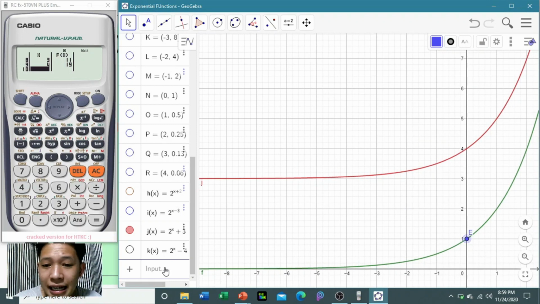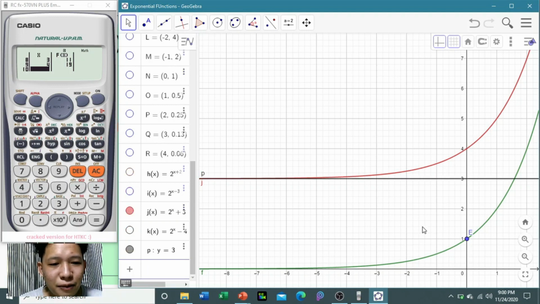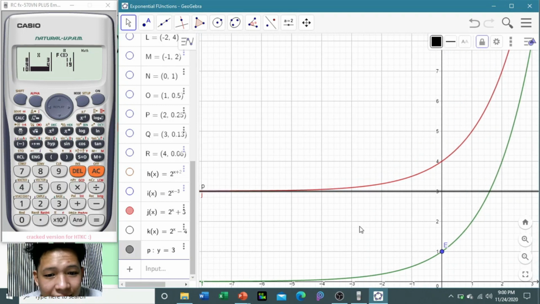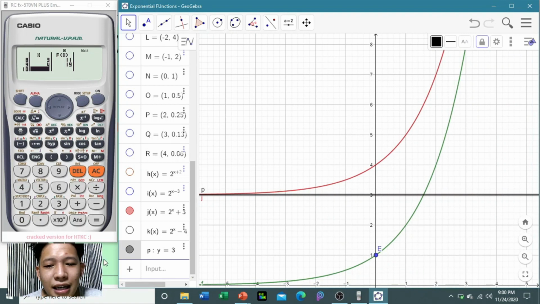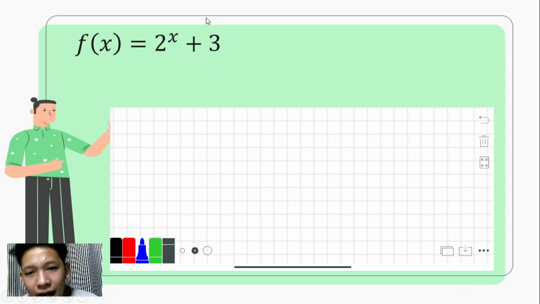Okay po? So, the range, kung mapapansin ninyo, saan ngayon siya asymptotic? So, kung i-graph natin si y equals 3, ito po si y equals 3. Yung black na line. So, sa kanya po siya asymptotic. So, ibig sabihin, kung ano po yung inadd natin dun sa function natin, this is actually our horizontal asymptote.